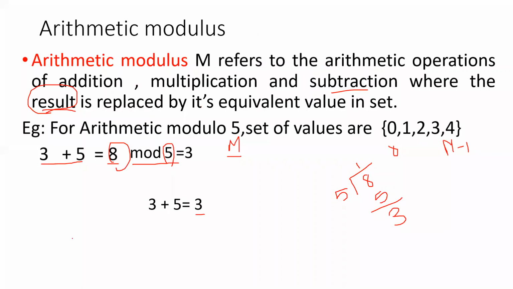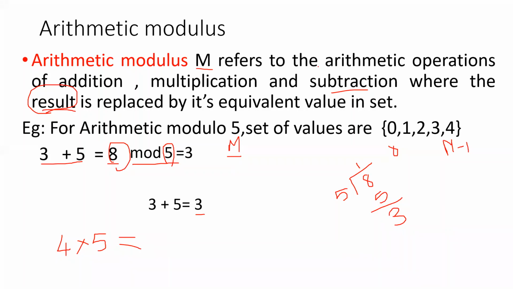So tell me, what is 4 multiplied by 5? What will be the answer for 4 into 5 when we find the arithmetic modulus with the m? Janani? 0, ma'am. So can you explain how you got it? Yes, ma'am. 5 4s are 20. 20 mod 5 is 0, ma'am.